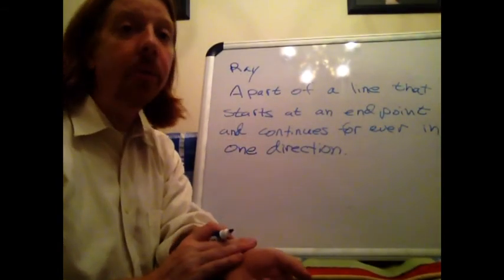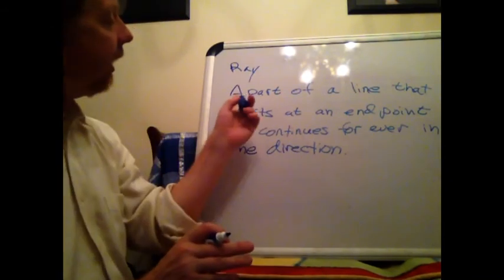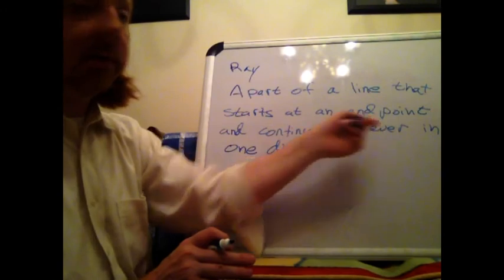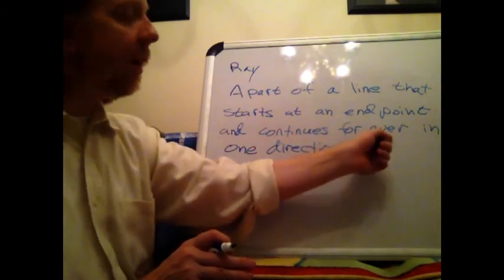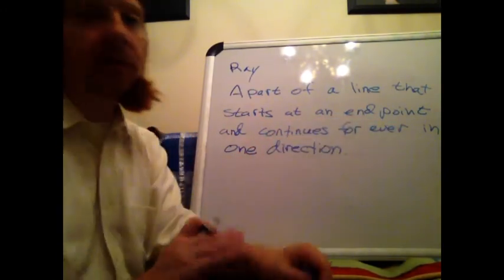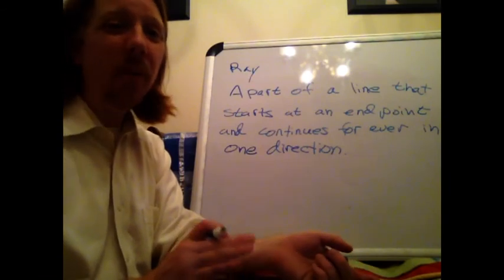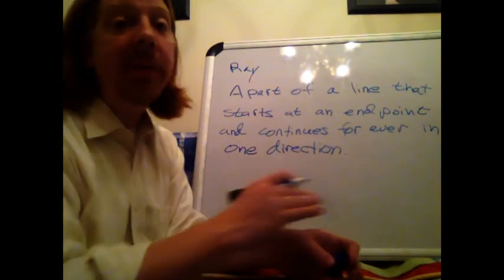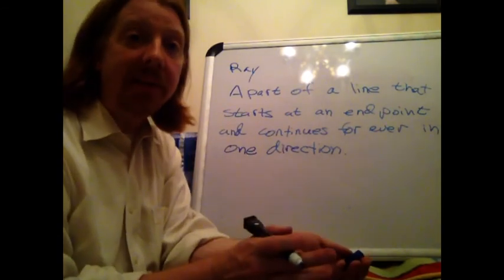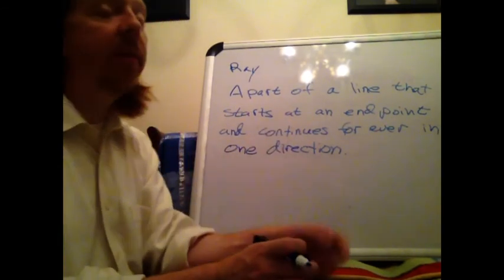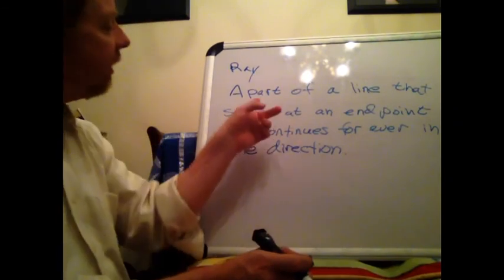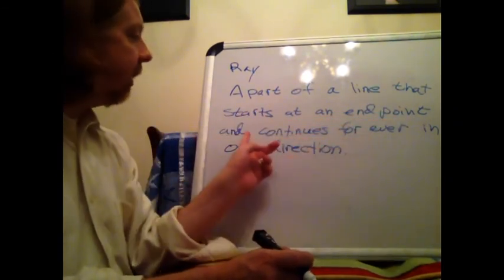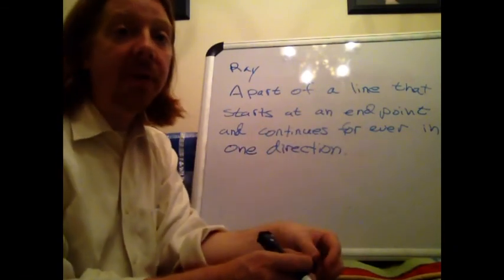The next term is ray. A ray is a part of a line that starts at an endpoint and continues forever in one direction. An easy way to think about ray is it's a half of a line. Remember I said that point, line, and plane are undefined terms. We simply accept them as they are. But when it comes to these other terms like ray, you can see that we're referencing point and we're referencing line as most of our definition.